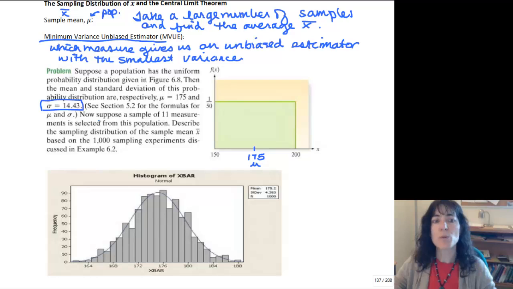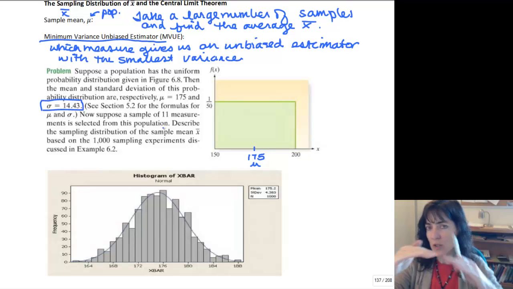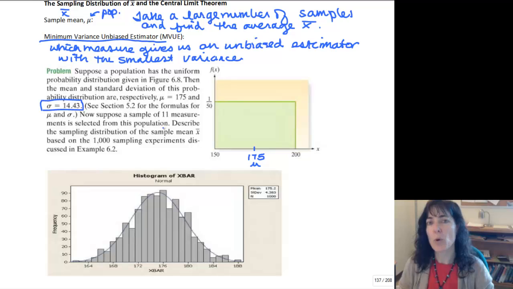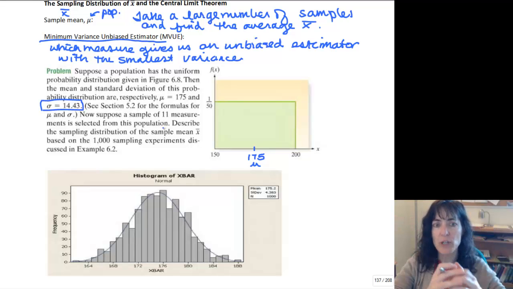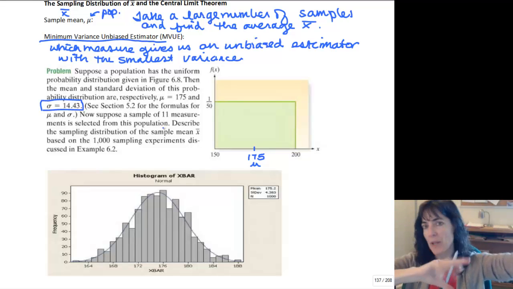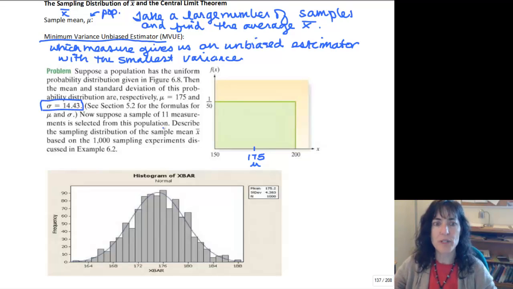Okay, now suppose that we take a sample of 11 measurements from this population. So this population has this distribution, we know it's a uniform distribution, and we're going to take 11 measurements from that population. So we're grabbing 11 randomly selected measurements, and we want to describe the sampling distribution of the sample mean x bar based on 1,000 of those experiments.